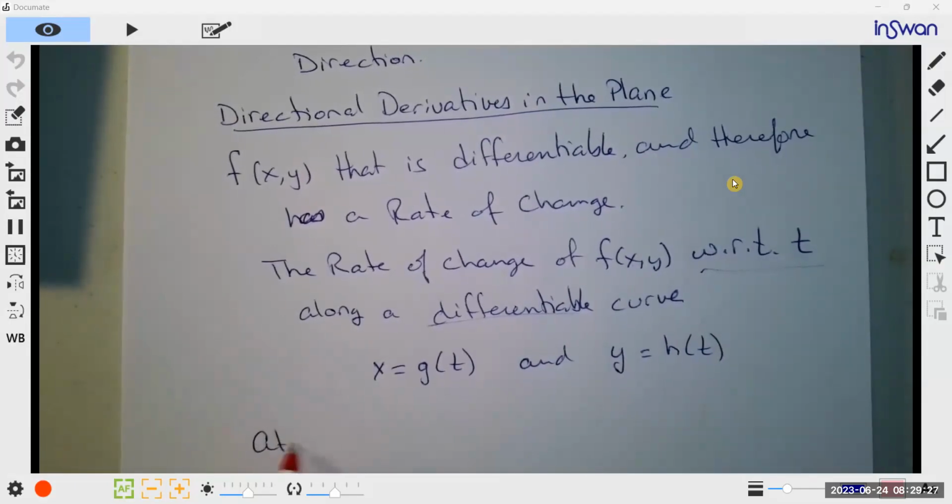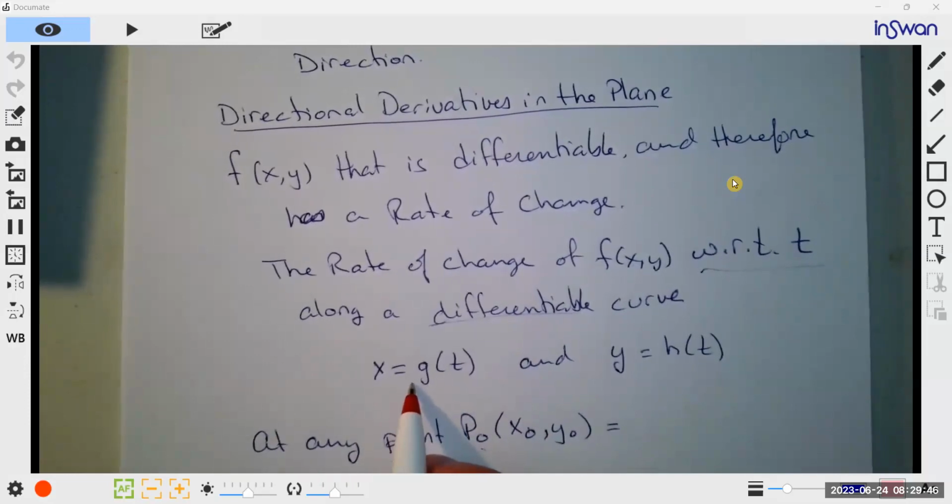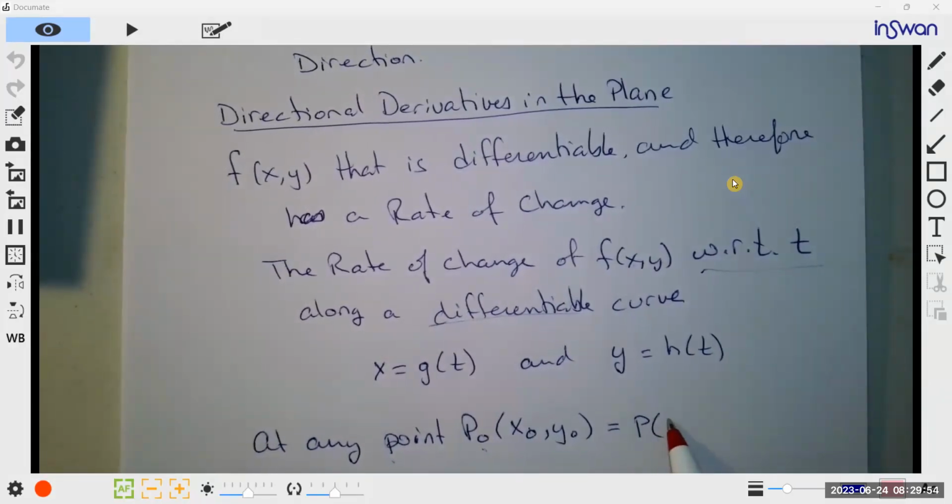So at any point along this curve, p sub 0, which is x sub 0, y sub 0. Since x and y are subfunctions g and h, we're saying that point is a function of g at t sub 0 and h at t sub 0.